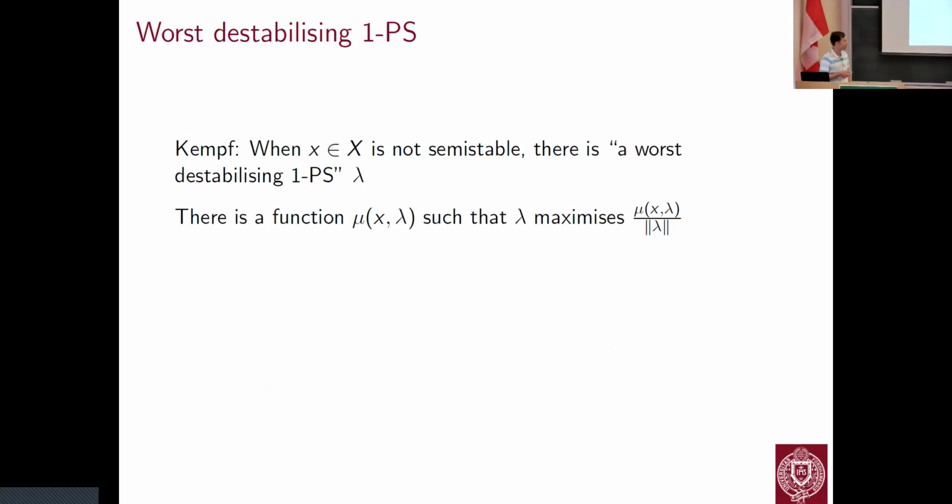In a technical sense, he proved there's actually some function that you can cook up and that your worst one-parameter subgroup is a maximizer for that function. It turns out lambda is actually also not unique, but all of the worst one-parameter subgroups are related to each other in a nice way. And so I'll use the article "the" even though it's not unique.